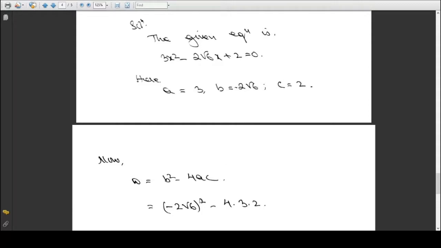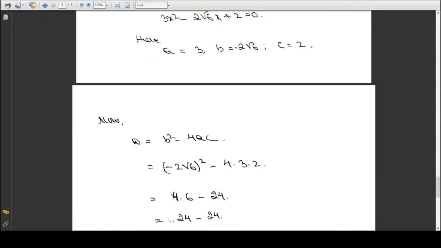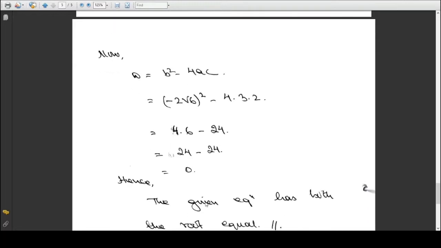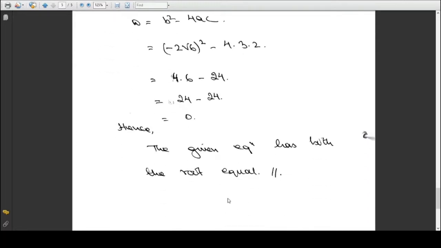Minus 2 root 6 squared minus 4 times A, which is 3, times C, which is 2. Minus squared is plus, 2 squared is 4 and root 6 squared is 6. 4 times 6 is 24. Now 4 times 3 times 2 is 24. 24 minus 24 will give us 0. Hence, in this given equation, the roots will be real and equal.